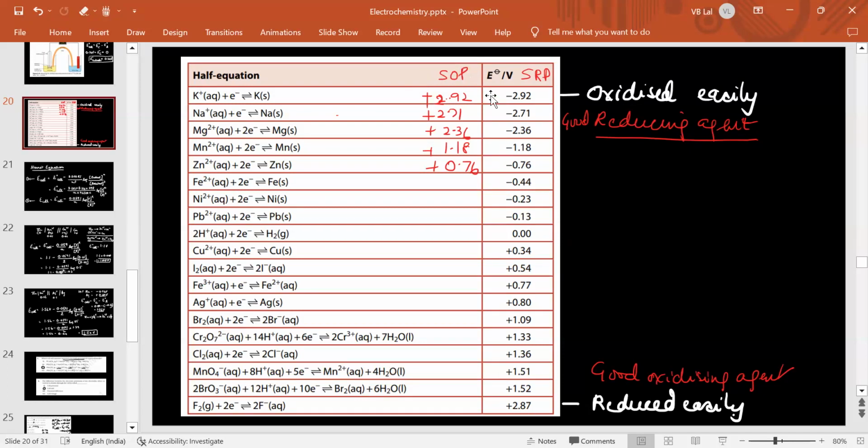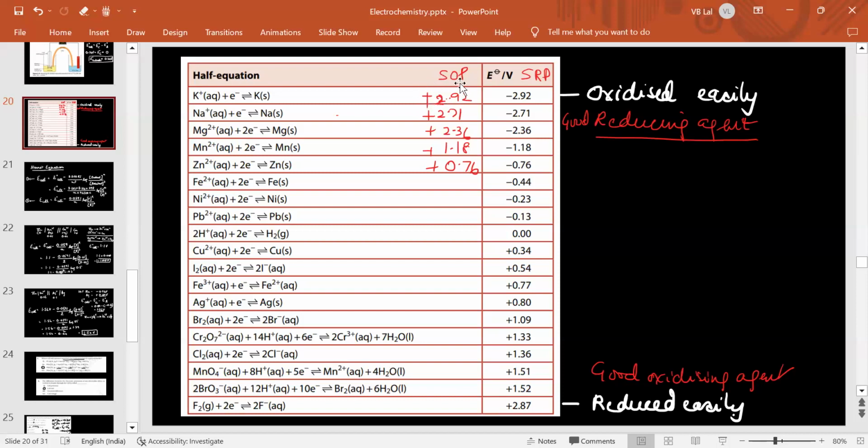So if the SRP of any reaction is minus 2.92, then the SOP of that reaction will be plus 2.92, right? The numerical values remain the same, the sign changes. So if I change the signs, all the values will become standard oxidation potentials.